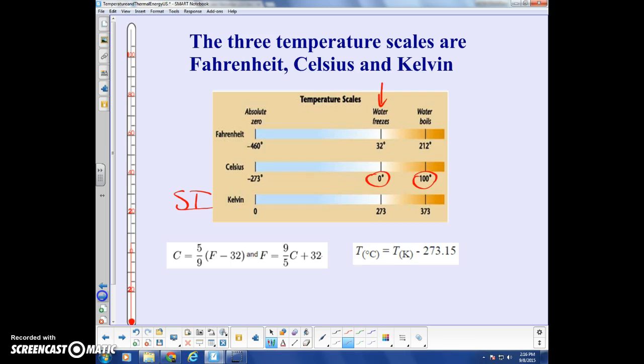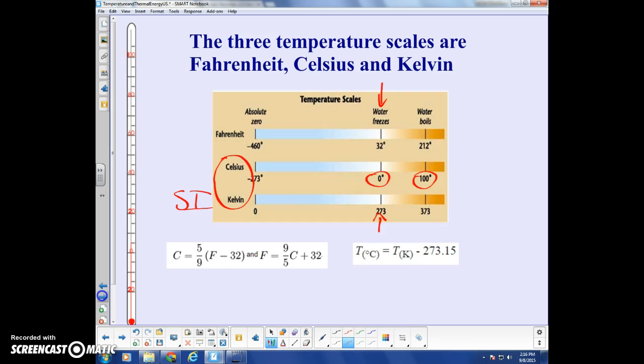Now, I want you to take a close look at the difference between Kelvin and Celsius. You'll see that when water freezes at 0 Celsius, absolute zero, the point at which all particle motion stops, is negative 273 degrees. And take a look now at Kelvin. The temperature at which water freezes is 273 Kelvin, and absolute zero is 0.